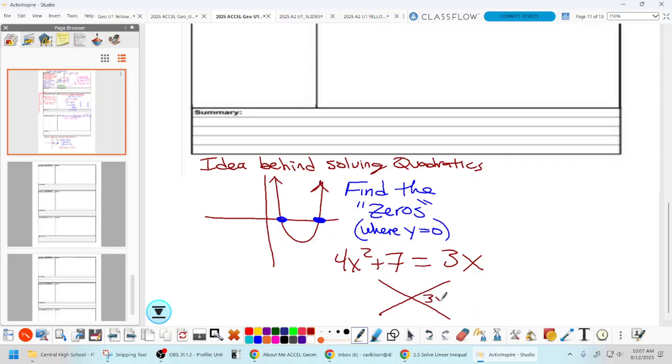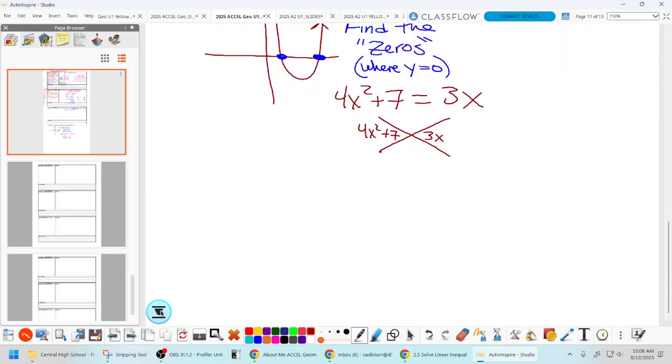Something like 3x, 4x squared plus 7. We're going to learn that these angles are the same size, so we would set them equal. Okay, this is geometry. Remember, I'm trying to kind of weave algebra into it so you have a better go of next semester. But we set them equal, but that is not what we're solving in quadratics. We are solving for the zeros.